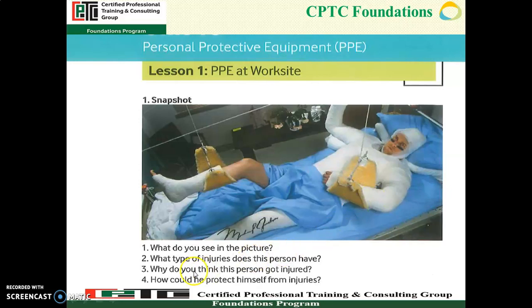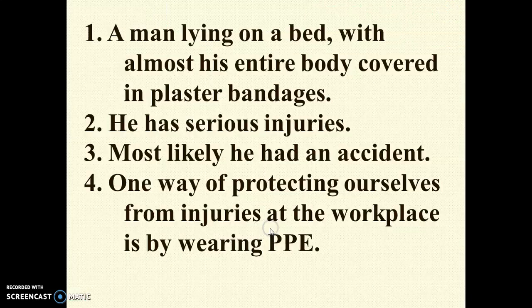Question number 3. Why do you think this person got injured? So there are a couple of reasons for that, but the main reason, I think, is that most likely he had an accident.